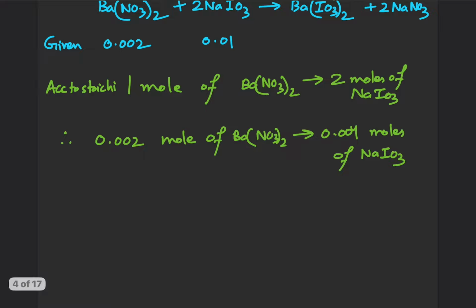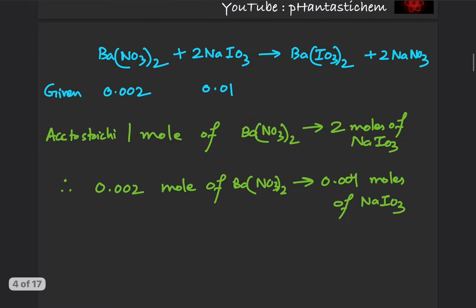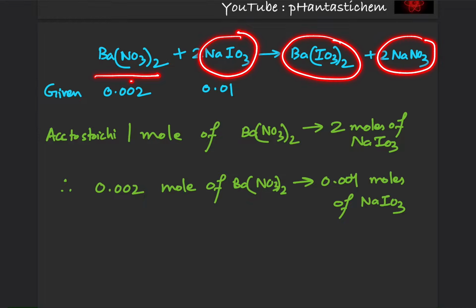In the reaction, we have 0.01 moles of NaIO3, which is more than the required amount. So NaIO3 is the excess reagent, and barium nitrate is the limiting reagent. Whatever amount of product is formed will depend upon the limiting reagent, barium nitrate.